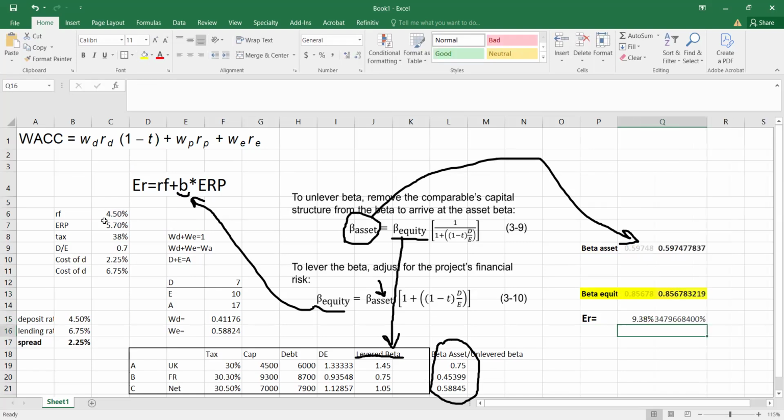Here we go. So this is my expected return, or let me call it the cost of debt, RD. Okay, that's what I have.